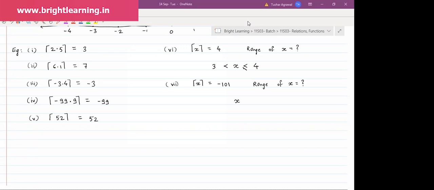Again, Pujita, check whether that interval which you have written is possible or not. The same mistake you are committing.